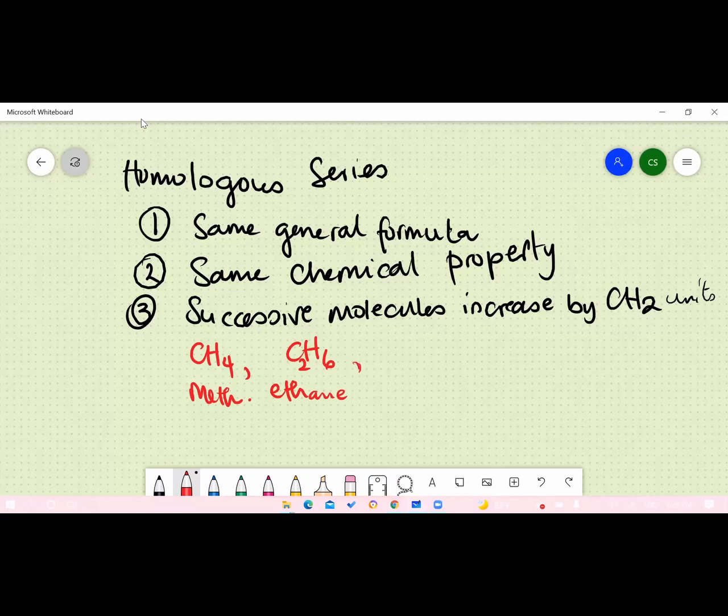Oh, that makes sense, I see the pattern. Yes, methane, we already have CH4. We're increasing by CH2 units.